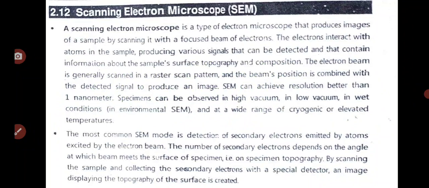The secondary electron is produced when the beam of electrons is incident on the material, and the energy of this beam knocks out an electron of the material. This electron is considered the secondary electron. The number of secondary electrons depends on the angle of the incident beam on the material, at the surface of the specimen.